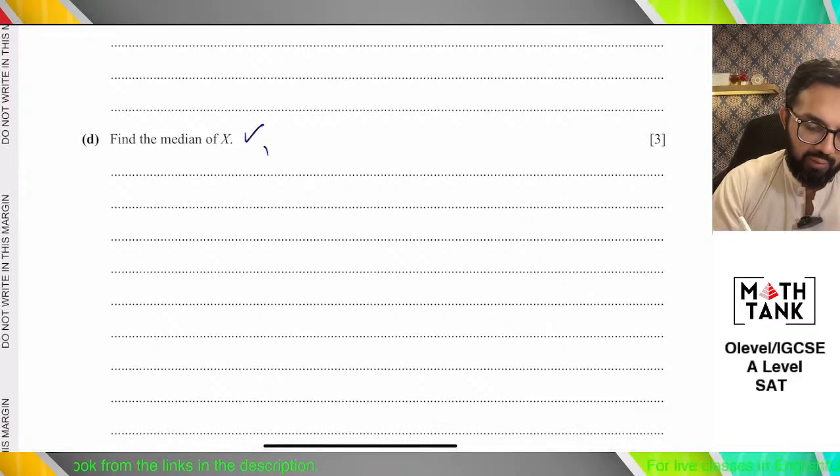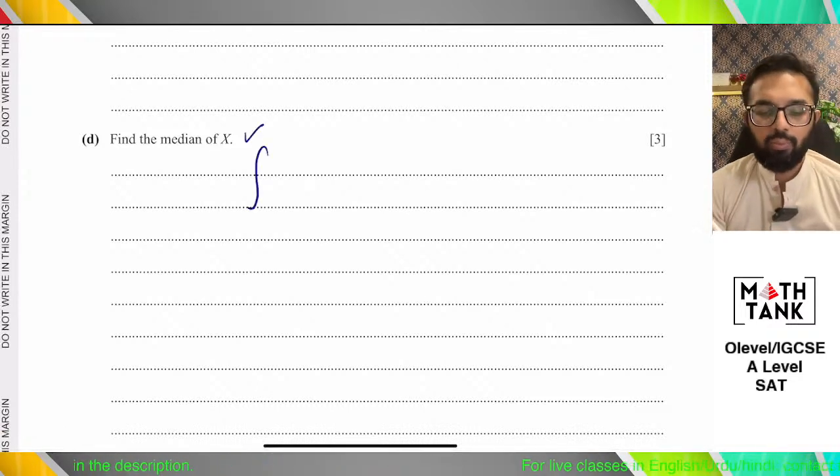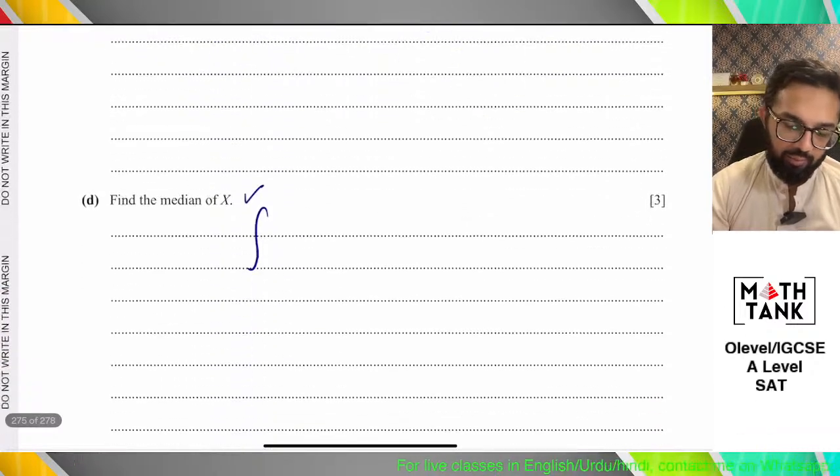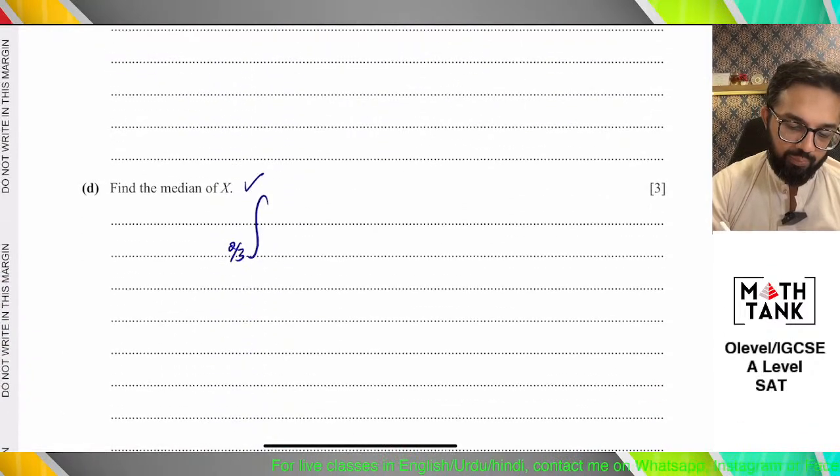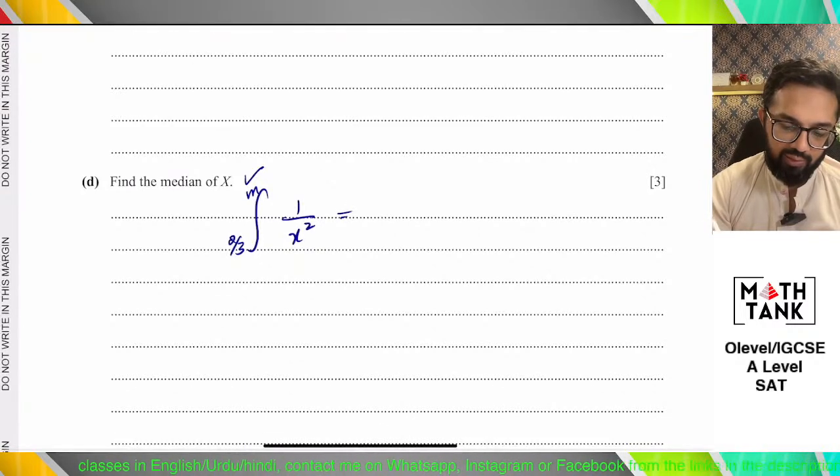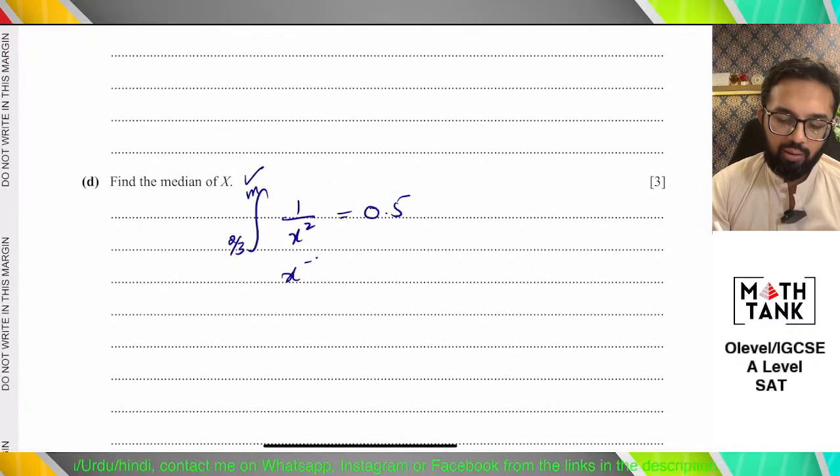Then it says find the median of x. So you start with a coming out as 2/3. So you integrate from 2/3 to m. What do you integrate? You integrate 1 over x squared only, and say that the probability has to be 0.5.